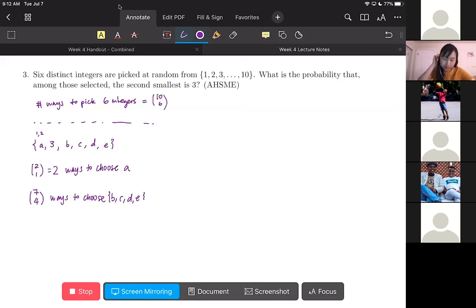Yeah, that's right. So basically, B, C, D, and E have to be in the set 4, 5, 6, 7, 8, 9, 10. There are 7 numbers total, and we want to choose 4 of them. So the total number of ways that we can pick this set is 2 choose 1 times 7 choose 4. Does everyone see why that is?